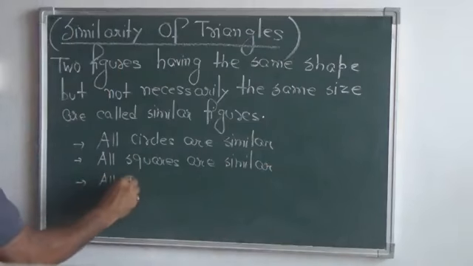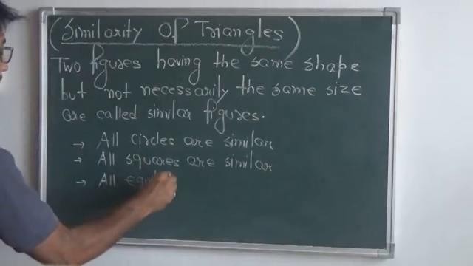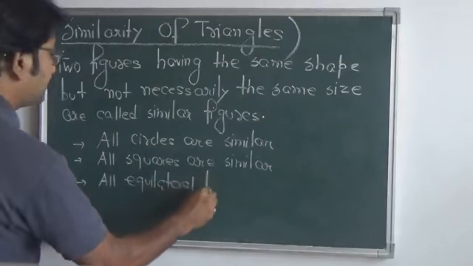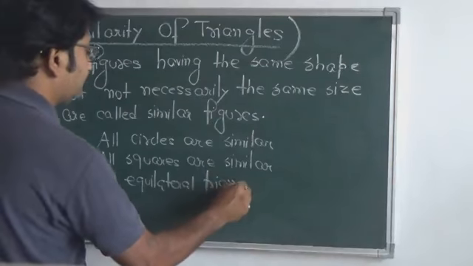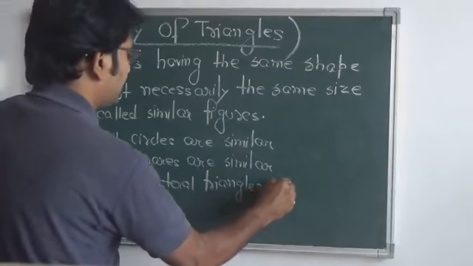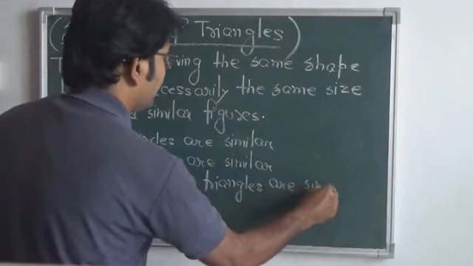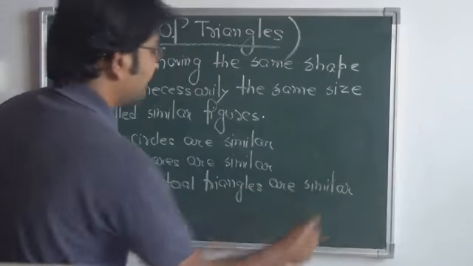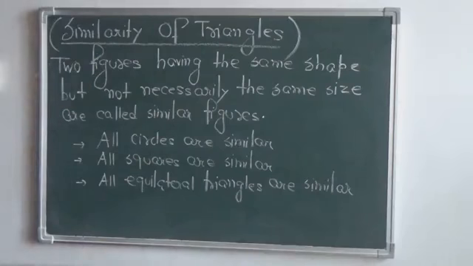All equilateral triangles are similar because we know that each of the angles in an equilateral triangle is 60 degrees. So irrespective of the sides of the triangle, we can say that all circles are similar, all squares are similar, all equilateral triangles are similar.